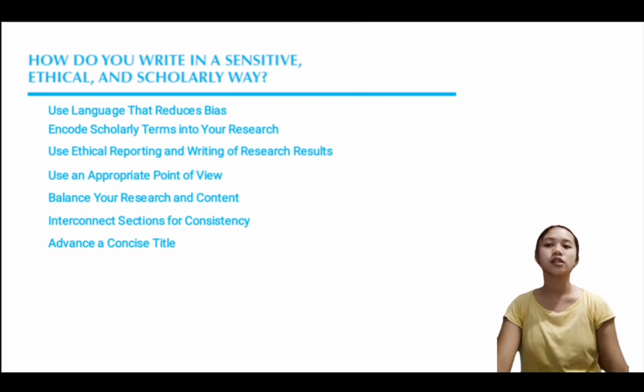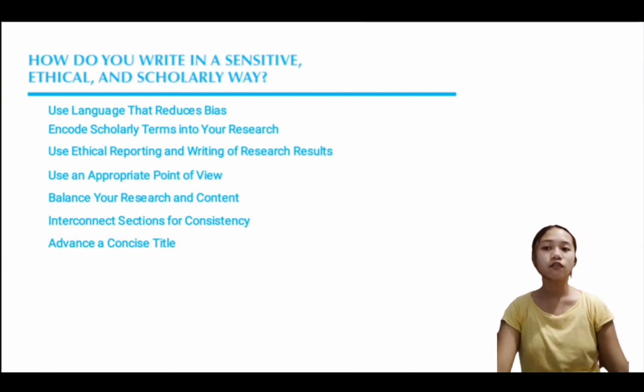So, interconnect sections for consistency. Another writing strategy used in research is to interconnect the sections of your research report so you can provide a consistent discussion to readers. One way to establish this interconnection is by using key concepts as linking devices. Linking devices are words or phrases that tie together sections of a research report.